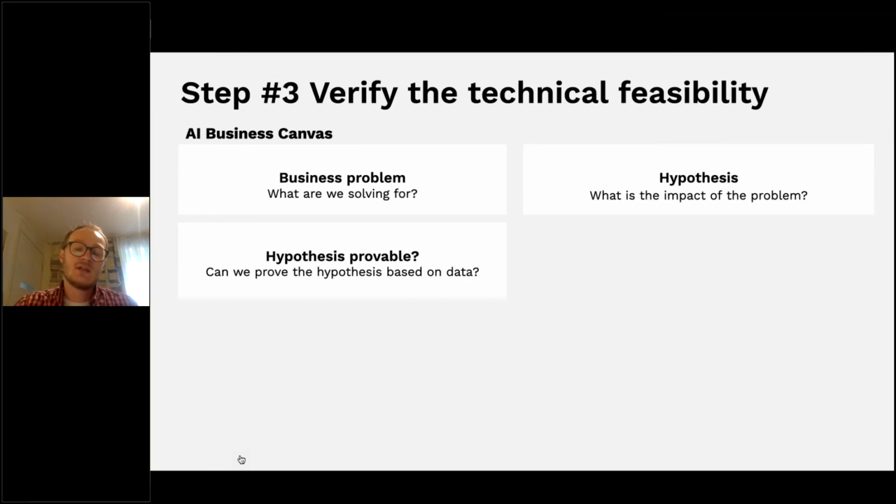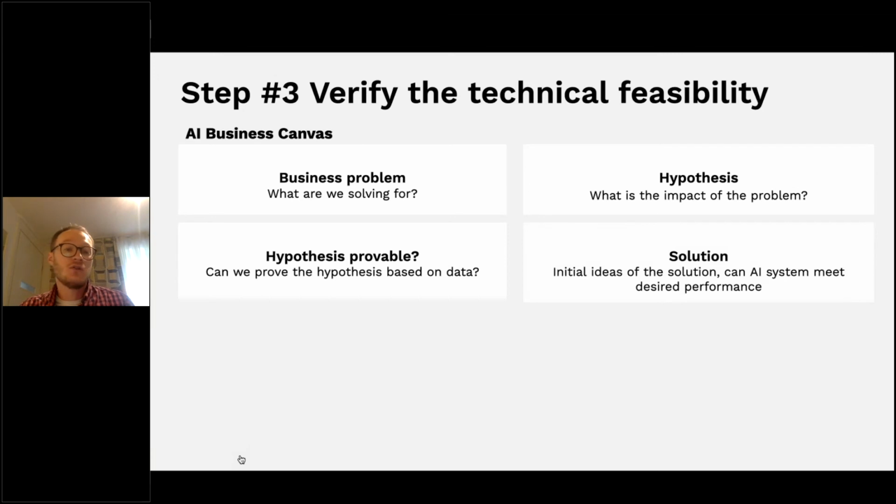Can we use the data to prove that we can deliver on X% of the productivity gain, let's say? And if so, what's the solution? Is it some machine learning model? Is it a deep learning model? Is it a computer vision type of project? Again, to try to understand at a high level what would need to be done.